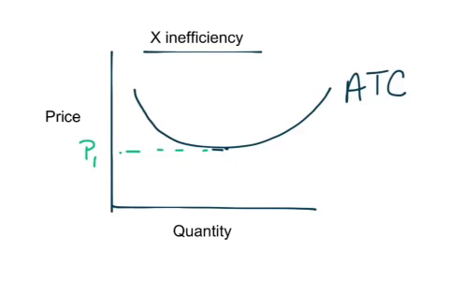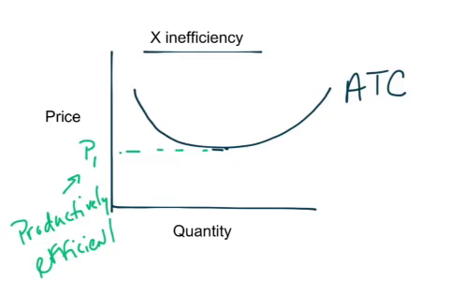And this right here is productively efficient. Right? It's the low point of the ATC. That's the lowest possible cost of production for producing that product.